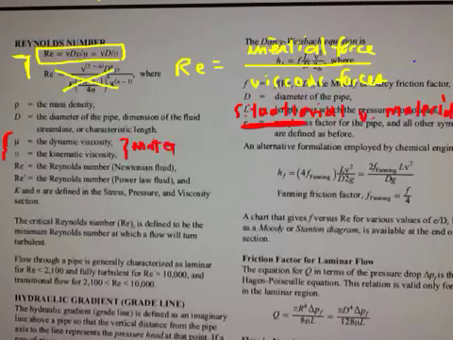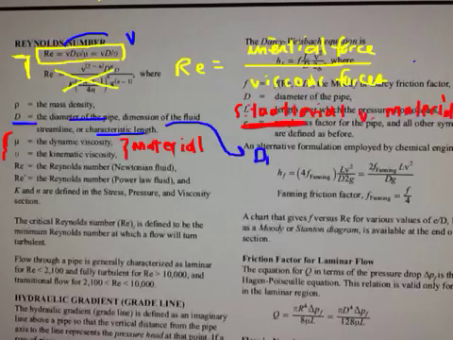But the Reynolds number is a situational parameter because you can see it depends on the situation, which involves a velocity of the flow, that's the V term, and then it also involves the diameter of the pipe or some characteristic length, which, if it's not a pipe, will turn out to be the hydraulic diameter.